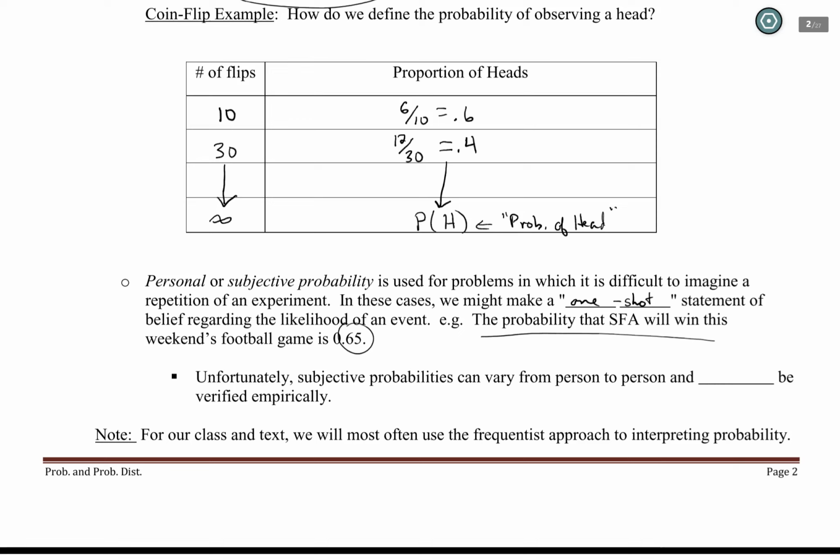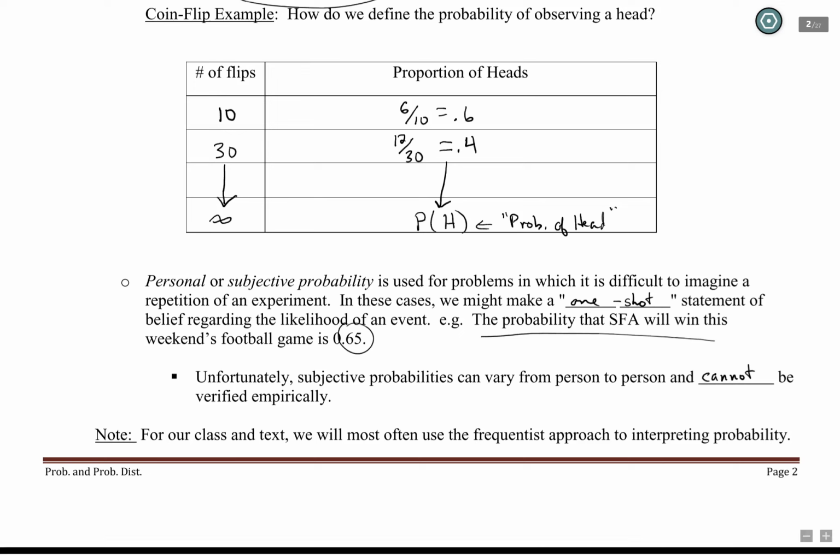Okay, I shouldn't say it's not based on empirical evidence. It's not based on evidence from the repetition of some experiment. Now, unfortunately, subjective probabilities can vary from person to person and cannot be verified empirically. That goes back to the idea that the experiment cannot be repeated, so we have trouble with this interpretation.